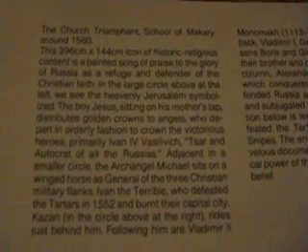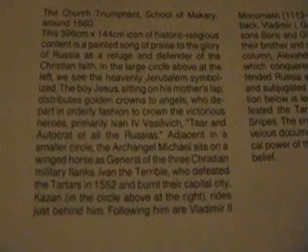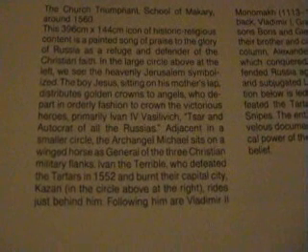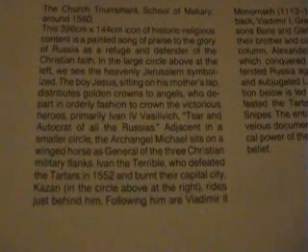And if we come down and read what it says here, the shepherd's golden crown to the angels who departed, all they fashioned the crown. Ivan the Fourth, Vasilij, Tsar and autocrat of all the Russians; adjacent in a smaller circle, the Archangel Michael sits on a winged horse as general of the three Christian military flanks.